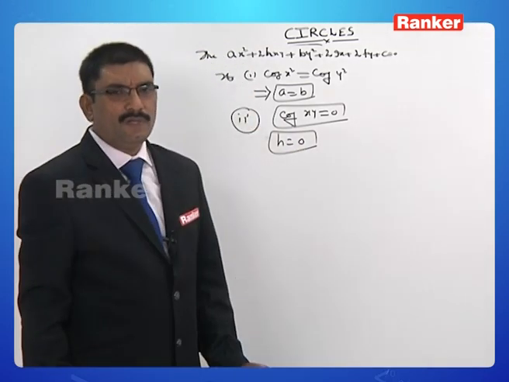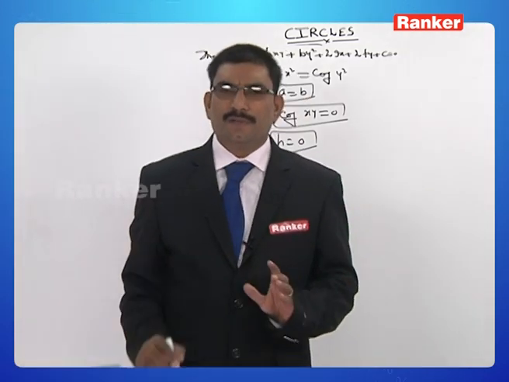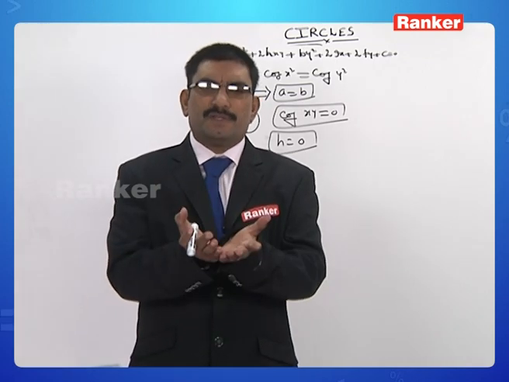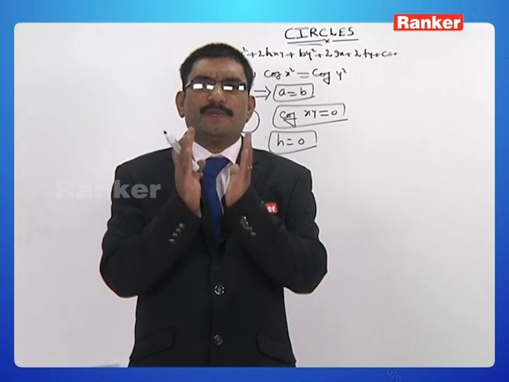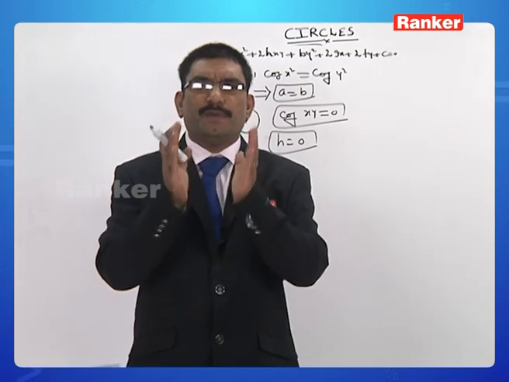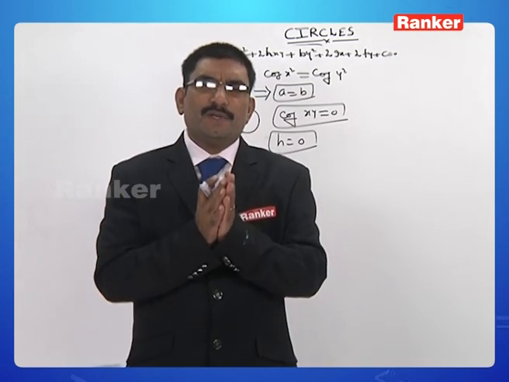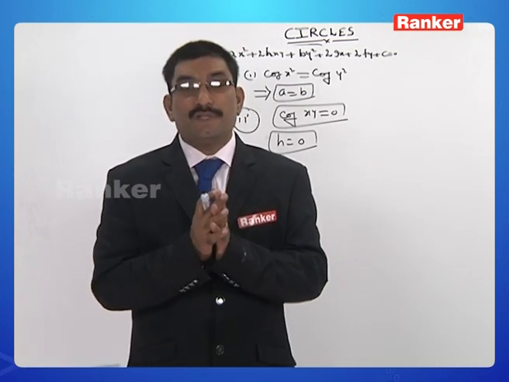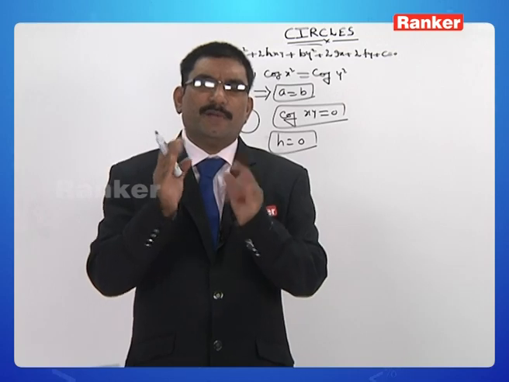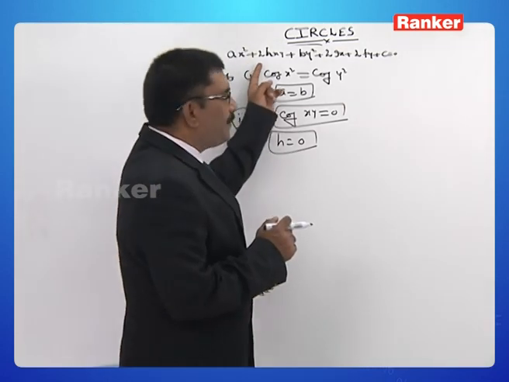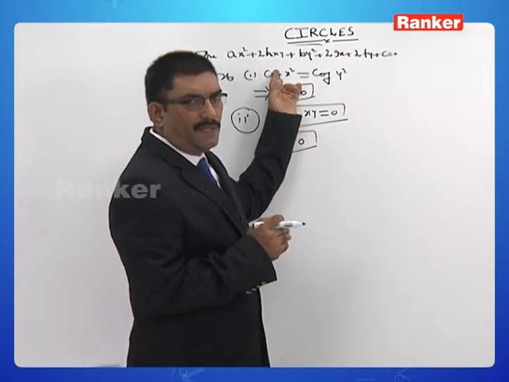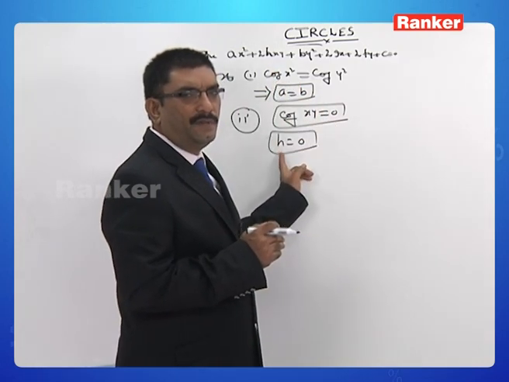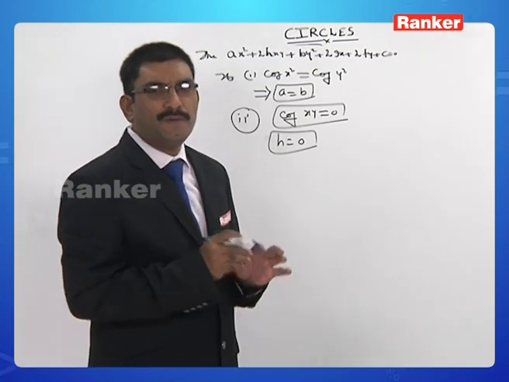So this second equation represents a circle. As we came across earlier, x square plus y square plus 2gx plus 2fy plus c is equal to 0 also represents the equation of a circle having center minus g comma minus f. Even this represents a circle, provided a is equal to b and h is equal to 0.